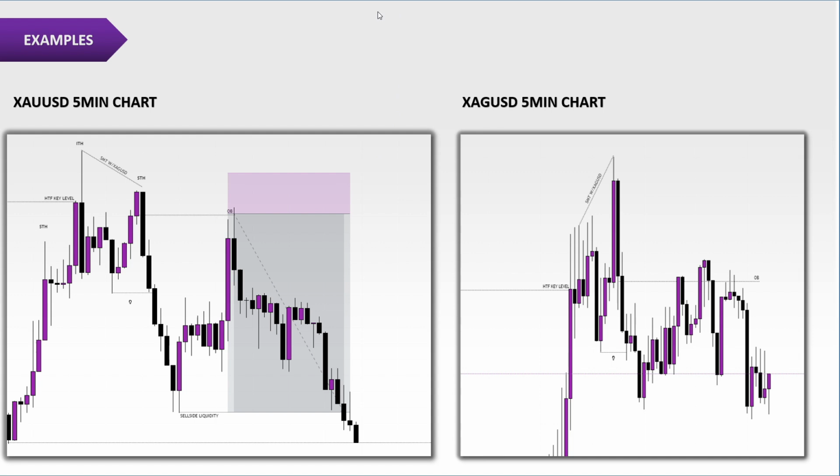So simply, we'll be looking at two pairs in which we are taking out the low or high in one asset, and then the other asset should show the swing failure. Now let me show you another example, a bullish one.